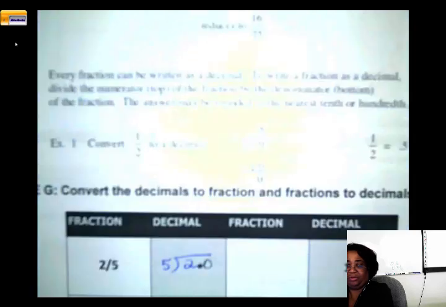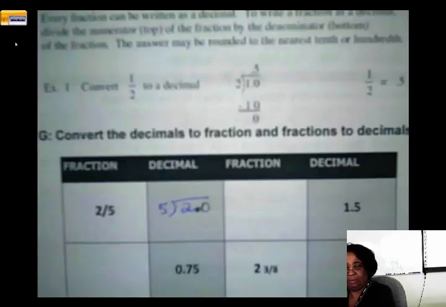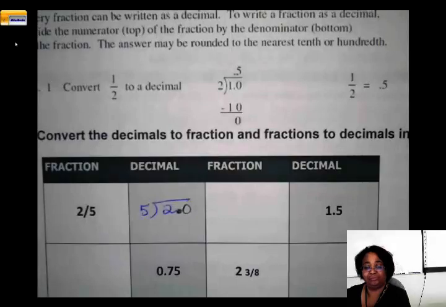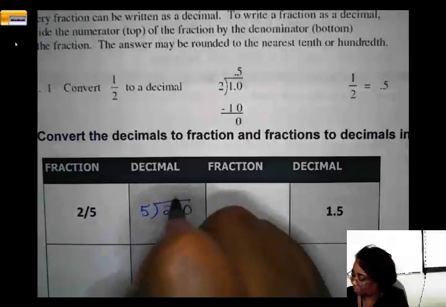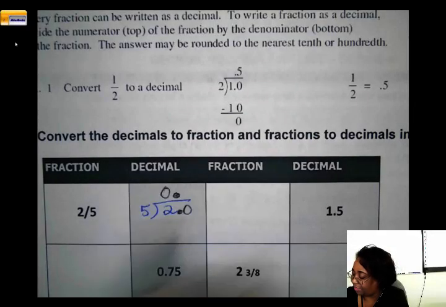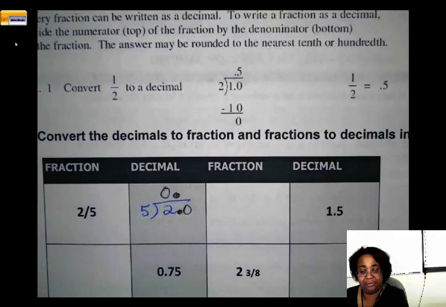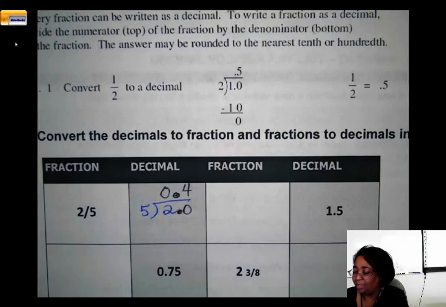Make this a little bit bigger so you guys can see. I'm going to bring my decimal straight up. I know that 5 cannot go into 0, but 5 will go into 20. How many times? 4 times. So my decimal is 0.4.